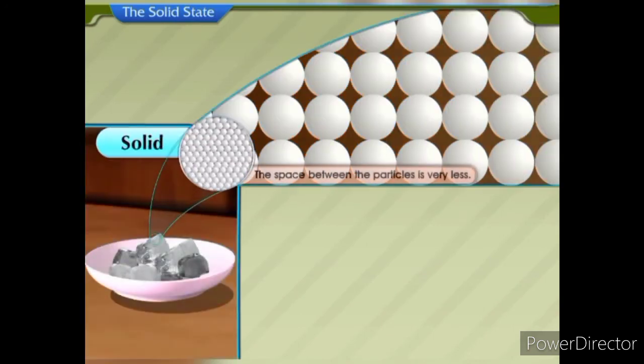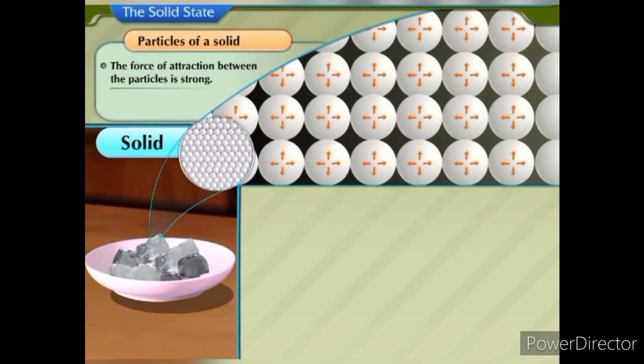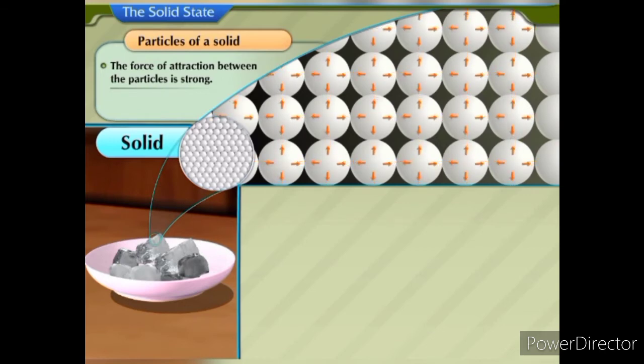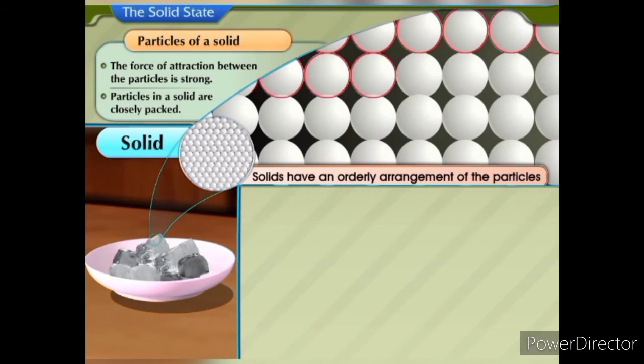In solids, the space between the particles is very less, and thus the force of attraction between the particles is strong. Thus, particles in a solid are closely packed. The kinetic energy of the particles is very less, and so solids have an orderly arrangement of the particles.